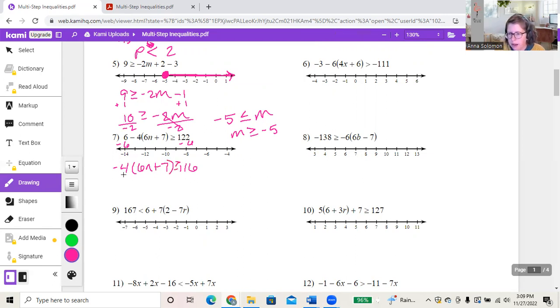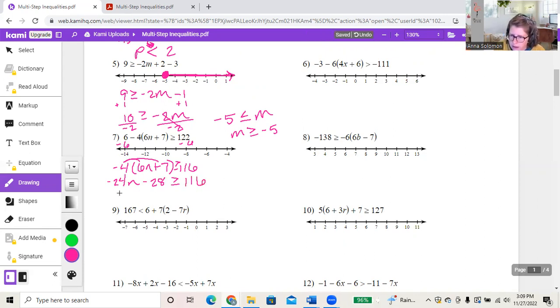All right. And then my next step is going to be to distribute this negative 4. And I want to be careful. A lot of students get things wrong because they only do it for the first number and they forget the second number. So negative 4 times 6 is negative 24n. Negative 4 times 7 is negative 28. So minus 28 is greater than or equal to 116.